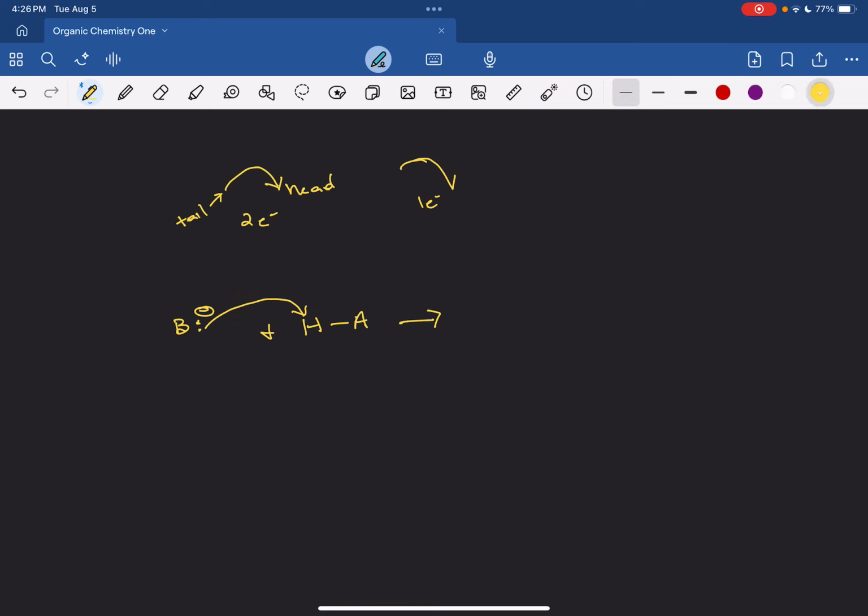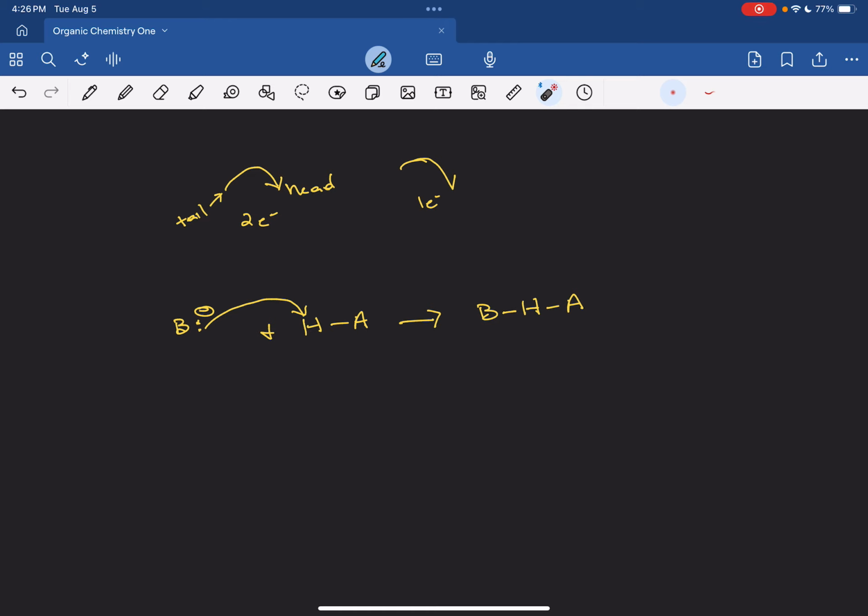I'm going to talk a lot more about this when we look at the mechanistic patterns that you need to look for in organic chemistry. So it would be B, H, A. But we know that can't happen. Hydrogen cannot have two bonds on it. I'm trying to do the rules one by one.